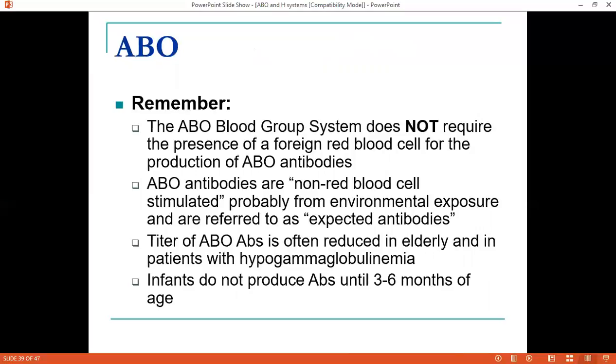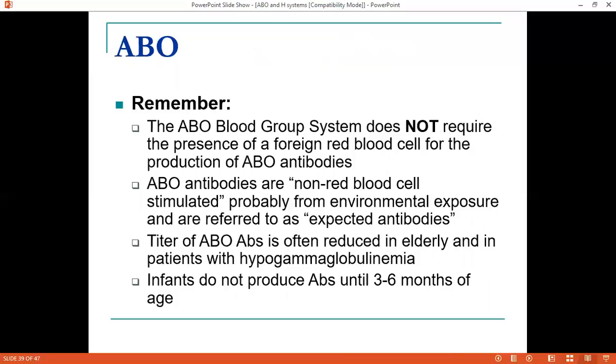If we were to do a titer of the ABO antibodies found in our plasma and serum, it would be very, very high right now, but as we start to get older, we'd see a decline in that titer result, and we'd also see a decline in the number of ABO antibodies in patients who have immunoglobulin deficiencies, such as hypogammaglobulinemia. Also, these ABO antibodies are not produced until you're about 3 to 6 months of age, so infants would not be producers of antibodies.